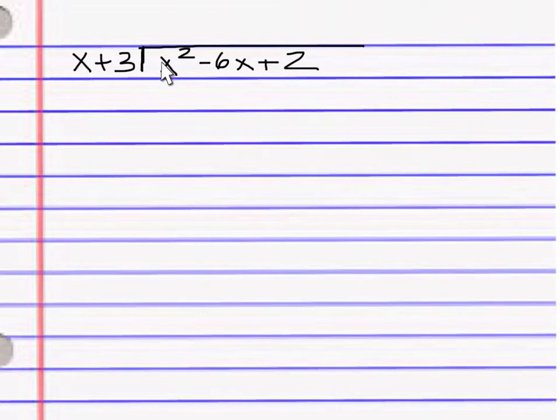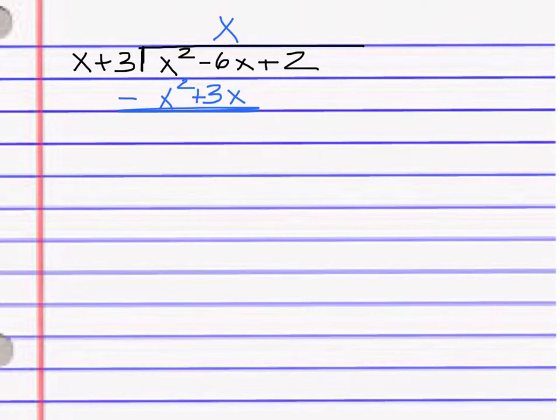And if you're ever in doubt, just divide x squared by x, and you come up with x. Once you get that term, you must multiply it by each of these and put the result here. So x times x, and then x times 3. What is x times x? x squared. And what's x times 3? 3x.